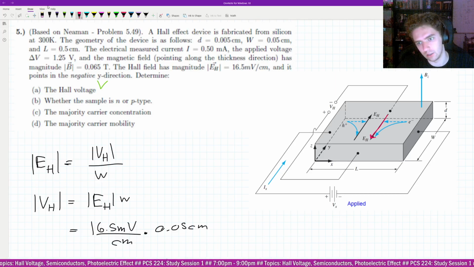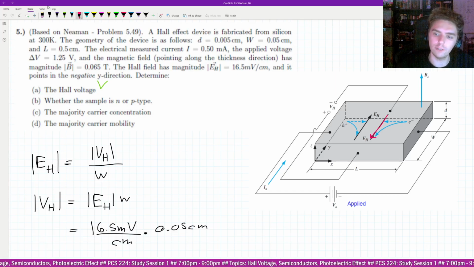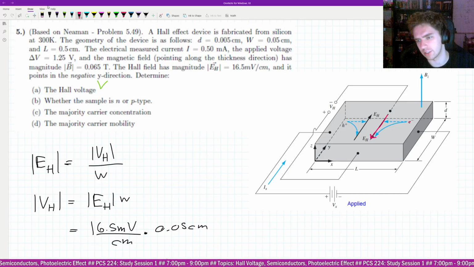Okay, that is our Hall field, right? So if the Hall field is going down like that, that means that that is the direction that, hold on. That's the direction that protons. I would imagine that that's the opposite of the direction that electrons are being pushed. Why would electrons be being pushed that way? Just confused by something. So we know that the Hall field has a magnitude of 16.5 pointing in the negative Y direction.